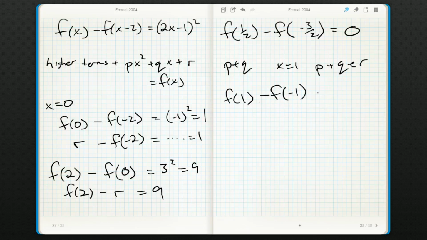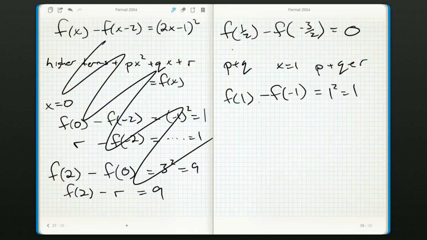Is that helpful in any meaningful way? So we get 2 times 1, which is 2, minus 1, so we get 1 squared there. And we've at least had that expression before, f of 0, which is just r, and f of minus 2 here. No, none of this is working for me.